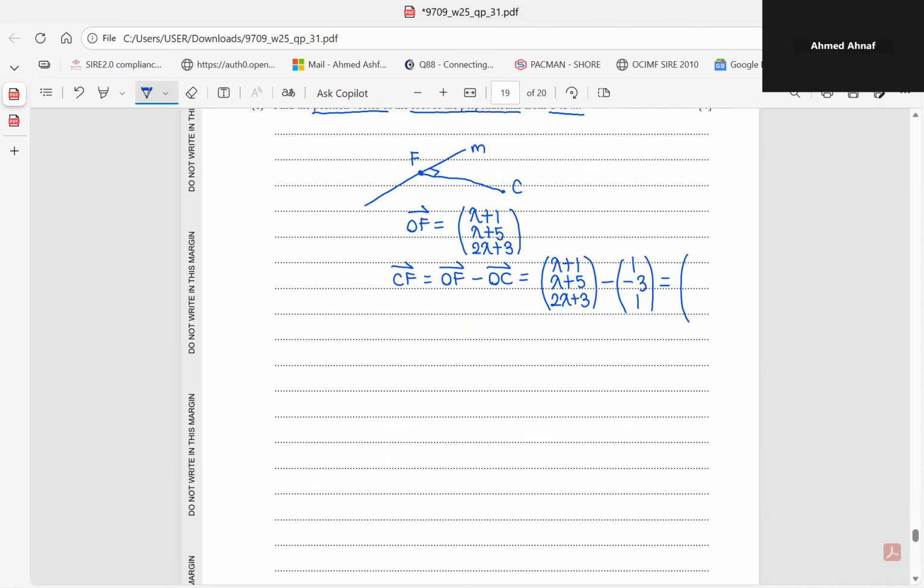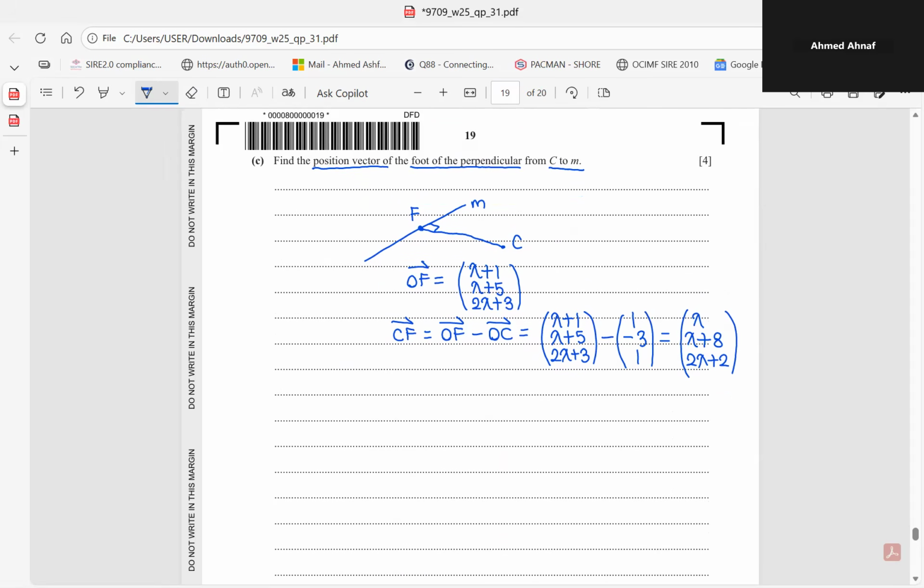And then lambda plus 1 minus 1, you get lambda, and lambda plus 5 plus 3, minus minus 3 is the same as plus 3, then you get lambda plus 8, and 2 lambda plus 3 minus 1, you get 2 lambda plus 2. So this is CF.